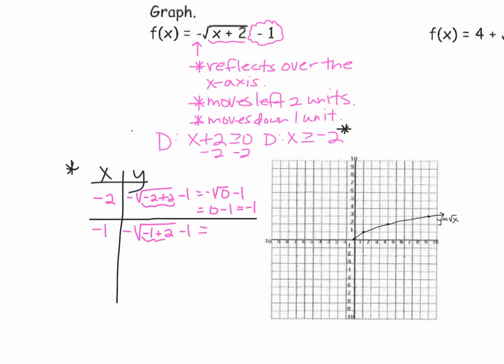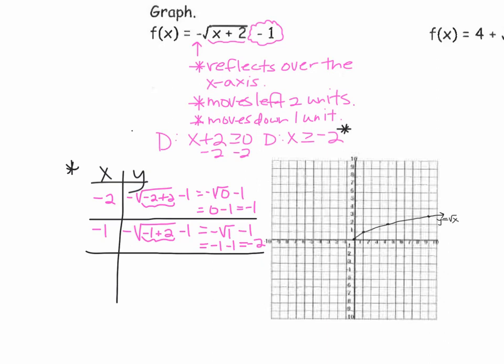Just on the inside alone, -1 plus 2 is 1. So we're in good shape with that. Negative square root 1 minus 1. Well, the square root of 1 is 1, and -1 minus 1 is -2. So there's our output for that answer. Oh, so we can see how some of these are going to get kind of tricky. All right, let's continue on.